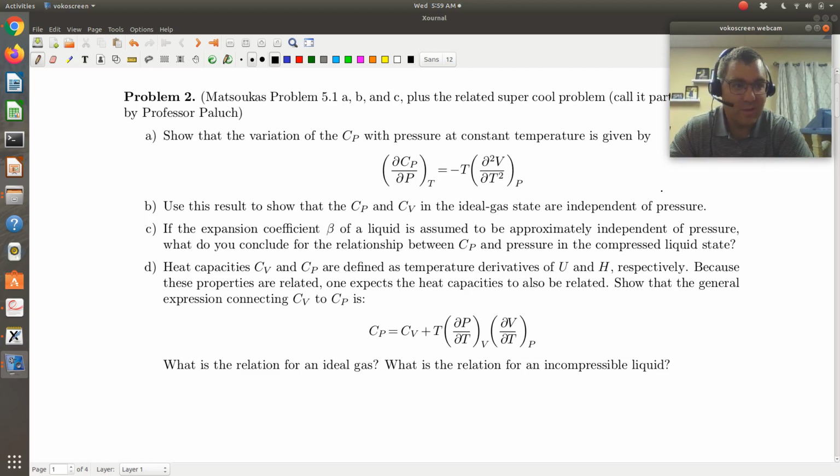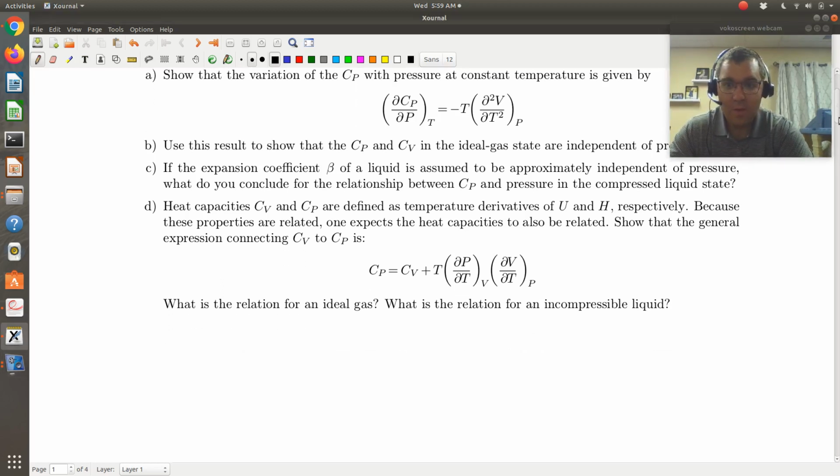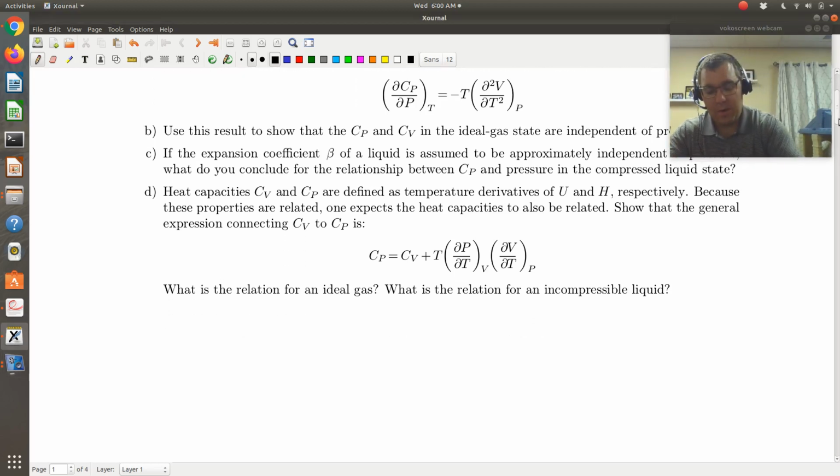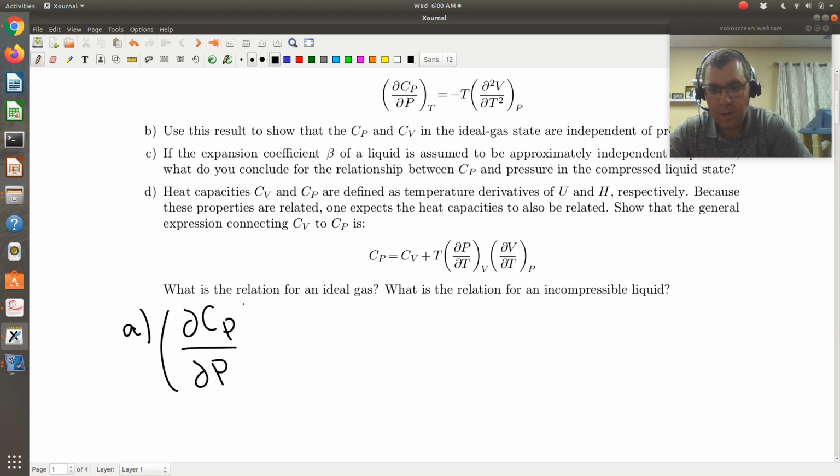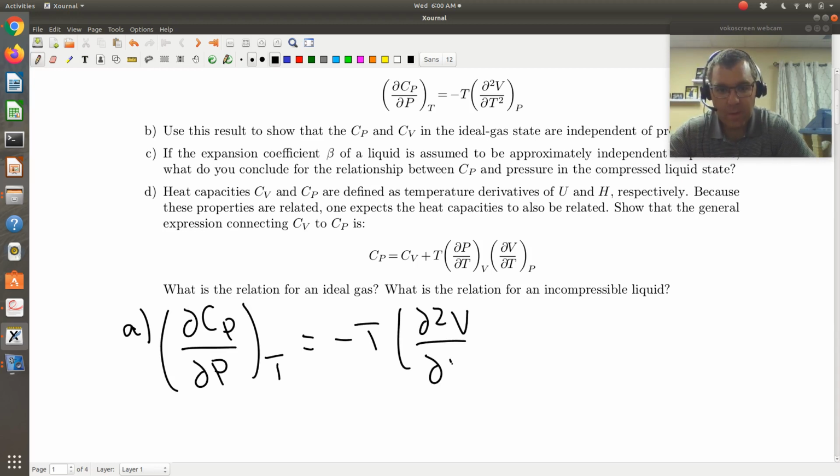So, in part A, how do we begin? We want to show that dCp/dP at constant T is equal to negative T d²V/dT² at constant P.